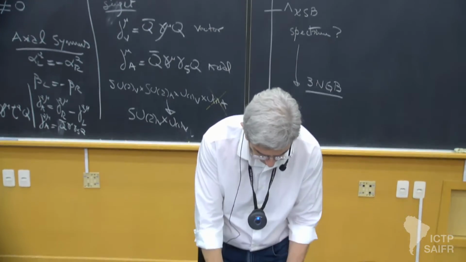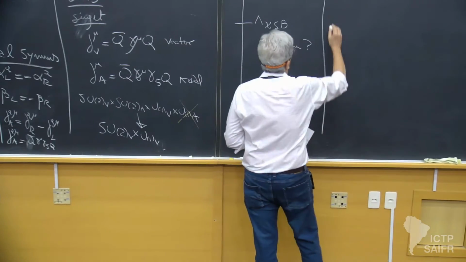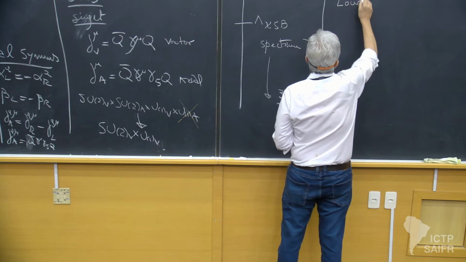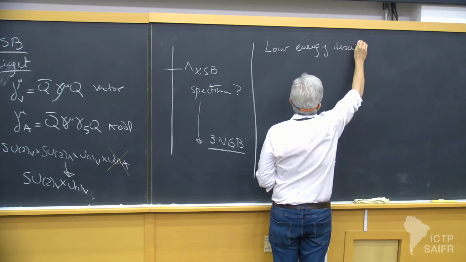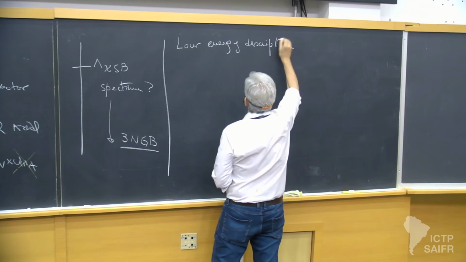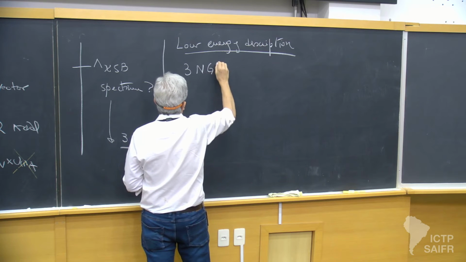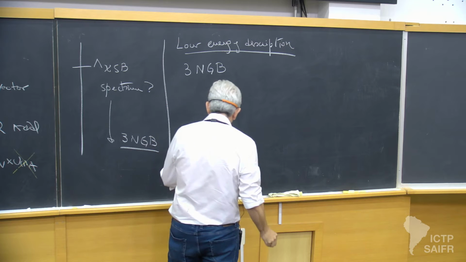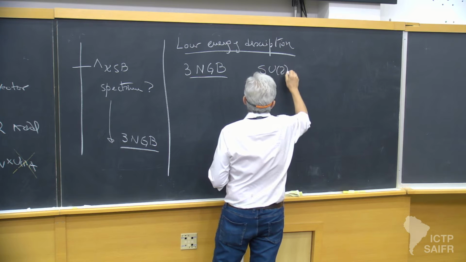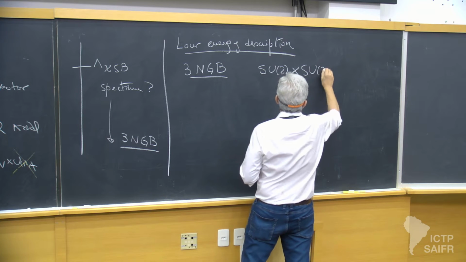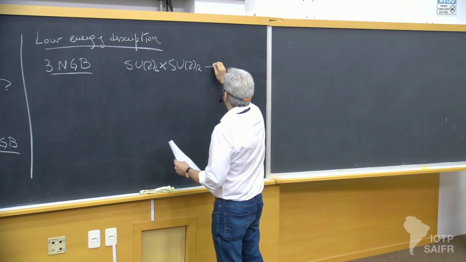And so how do we describe this theory? What do we know about the low energy description? Well, we should have 3 massless Nambu-Goldstone bosons. The global symmetries are broken like this.